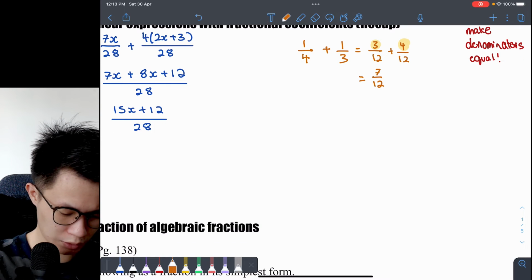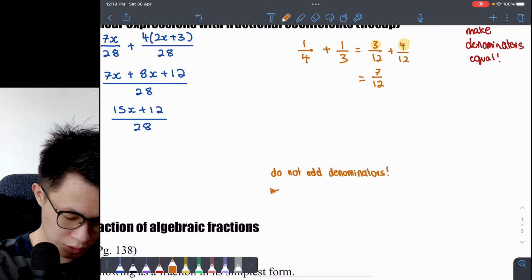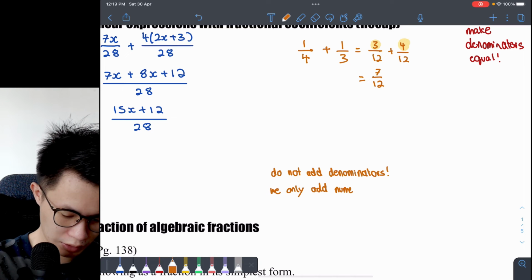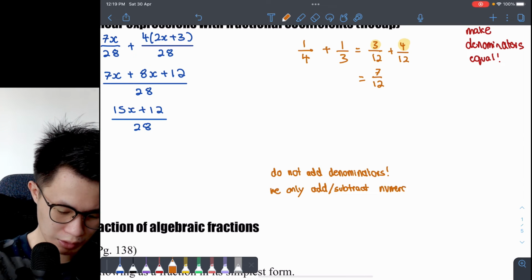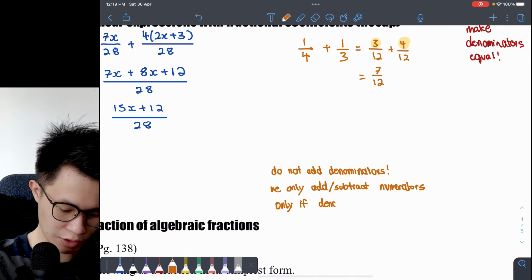Okay, so some point to take note, we do not add denominators together. We only add numerators or subtract, maybe it's subtraction as well, only if denominators have the same value.